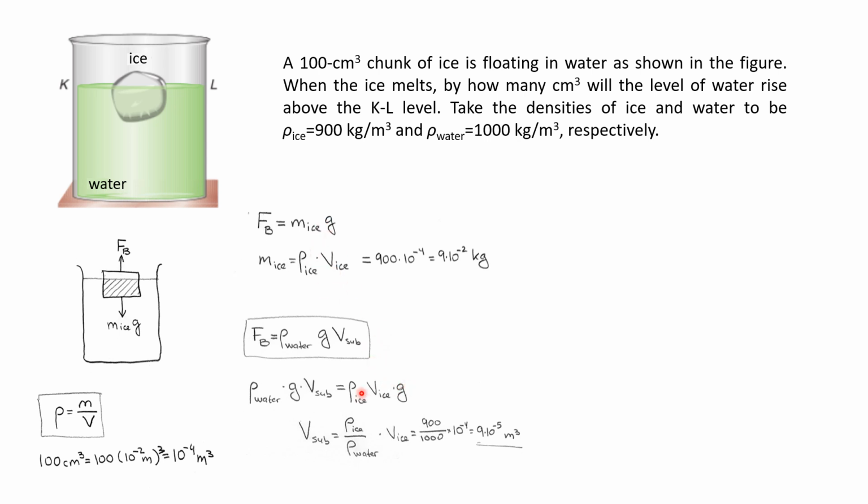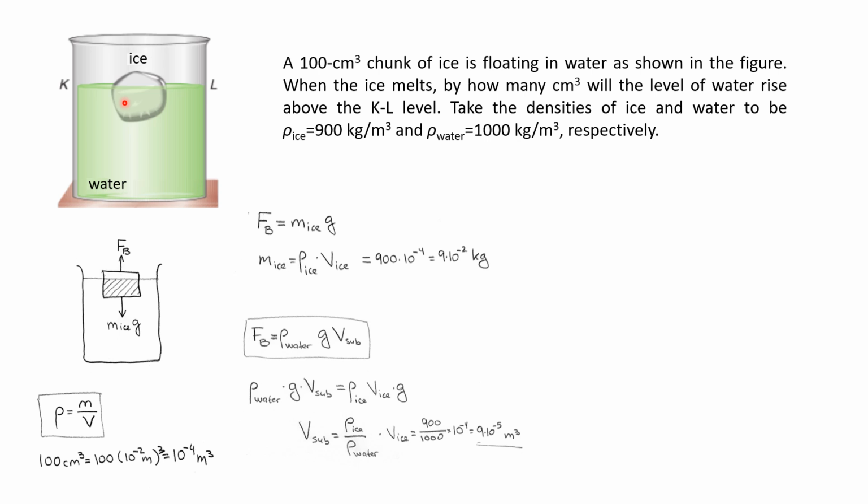We get that the submerged volume is the density of the ice divided by the density of the water times the volume of the ice. 900 divided by 1000 times 10 to the minus 4, which gives us 9 times 10 to the minus 5 meter cubes under the water.